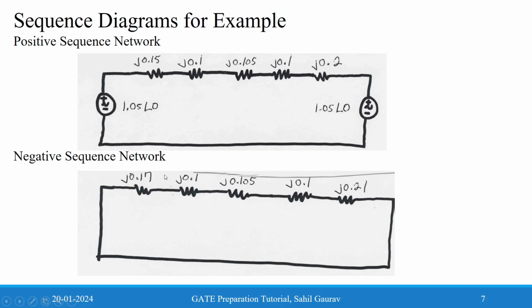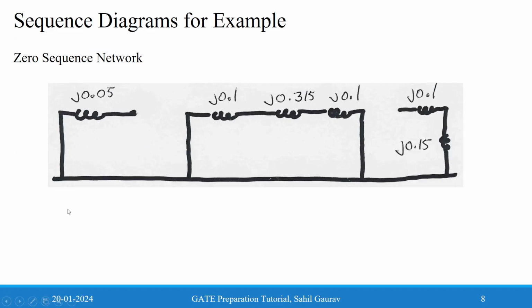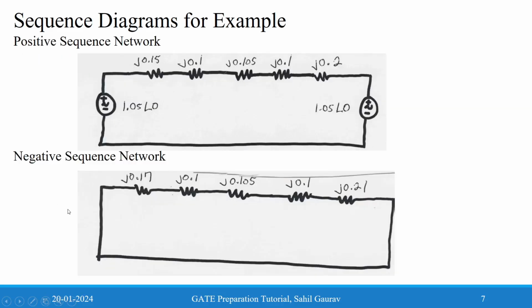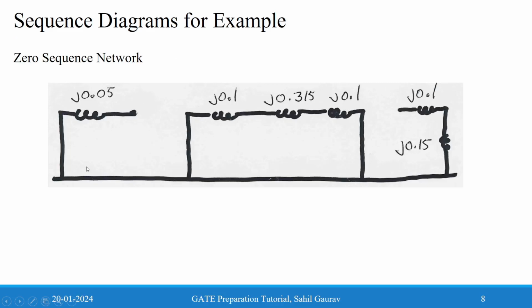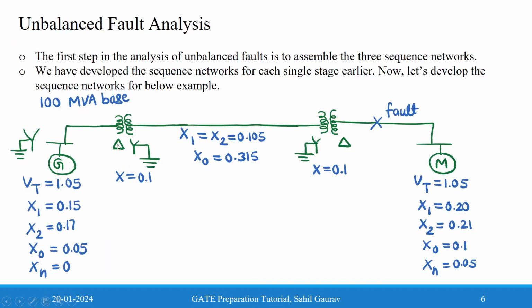And for the negative sequence network you have to do nothing, just remove the EMF, and that will be the equivalent negative sequence network. For the zero sequence network, you have to see the star delta connection of the transformer. On both sides you can see that it is delta, so the shunt switch will be closed, and the star side is also grounded, so the series connection will be closed.